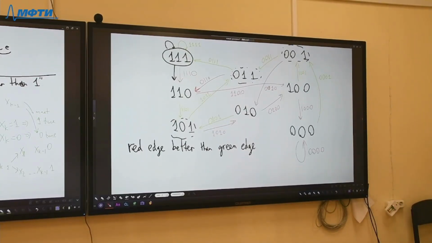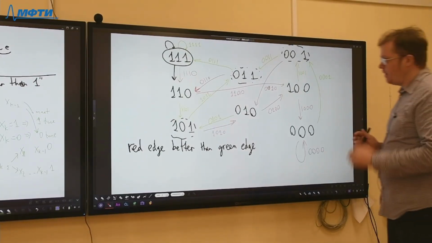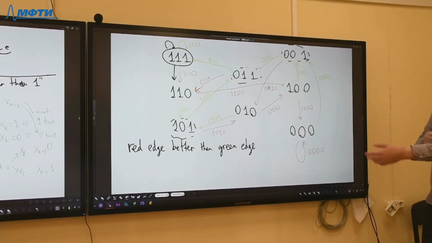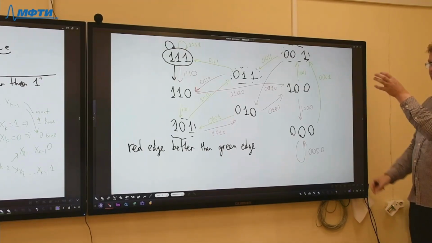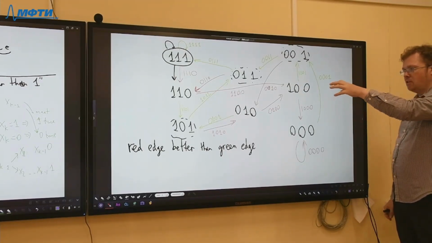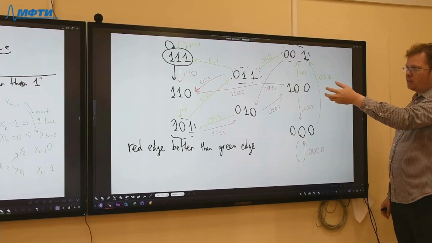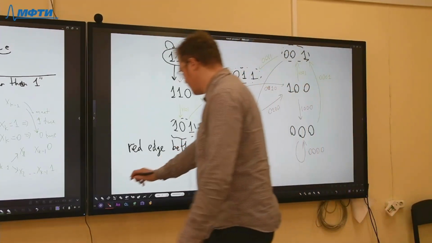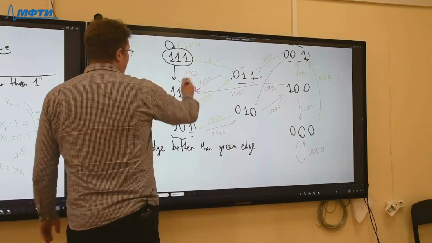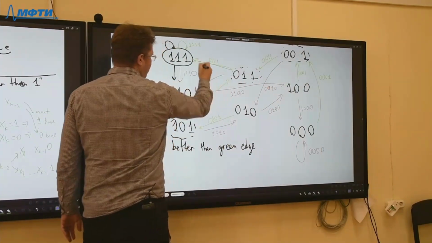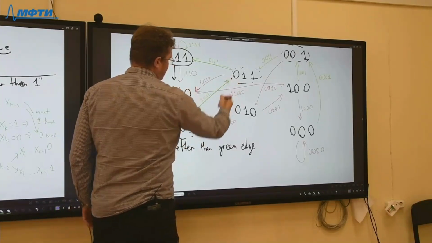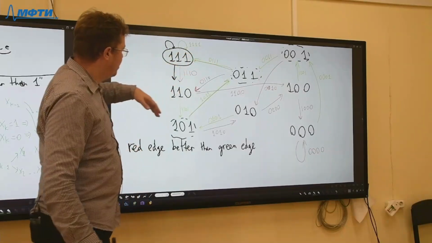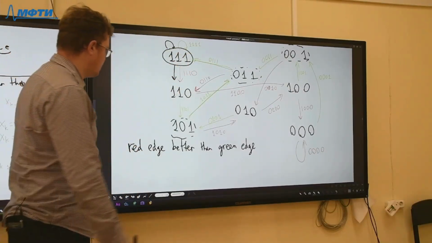But the idea is, I just look at the green tree and look at the first node which wasn't visited twice. So if I draw the green tree and look at the first element of this green tree which is not visited twice, for example this one.